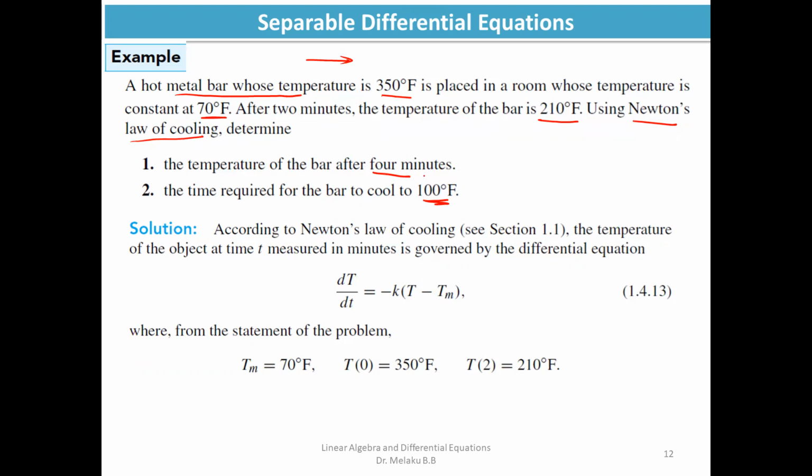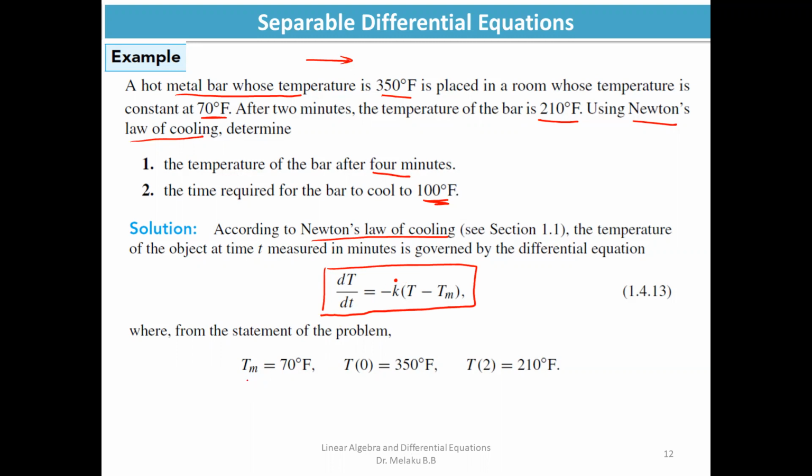That is the Newton's law of cooling. Last time we said that the temperature of the object at time t, measured in minutes, is governed by this differential equation, called Newton's law of cooling, remember? And we said that k is positive. We checked last time. Therefore, what are the given conditions here?